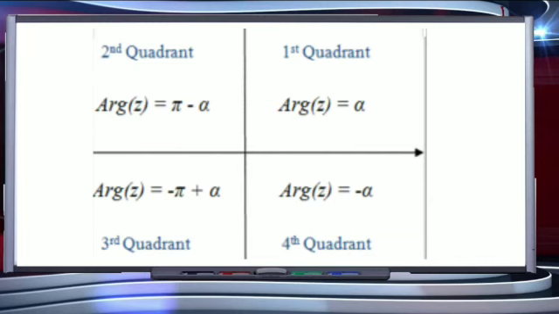Here alpha is the value of tan inverse that it actually takes for that particular number. The value of alpha is calculated by considering tan alpha equal to the imaginary part divided by the real part of the complex number given to us.